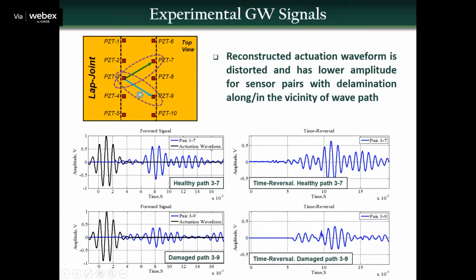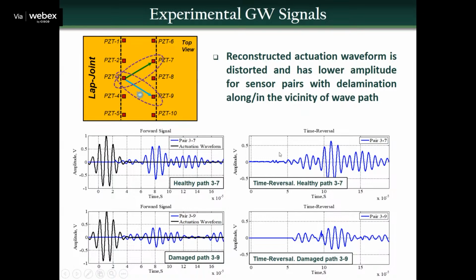So this shows you the raw data where you have the pair 3-7 and pair 3-9 and the same actuation waveform. And you'll see the healthy path from 3 to 7 and the damaged path from 3 to 9. You can definitely see a difference.